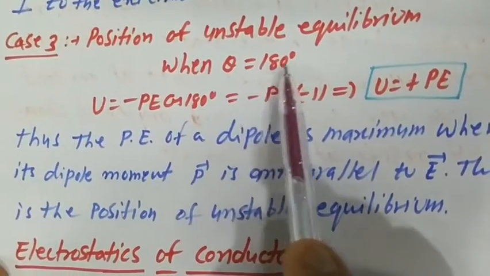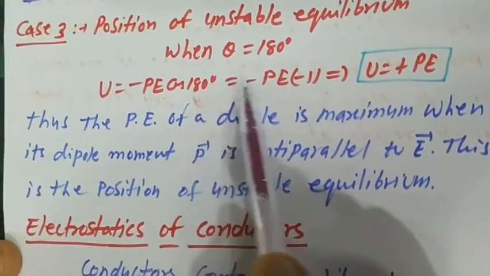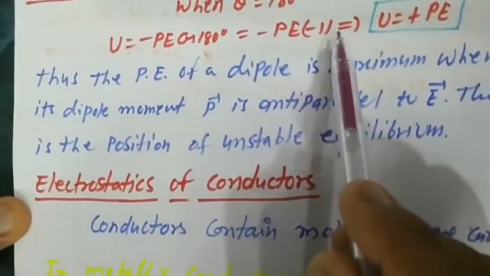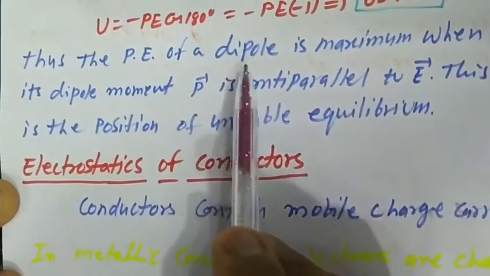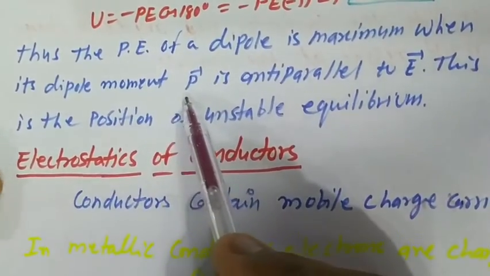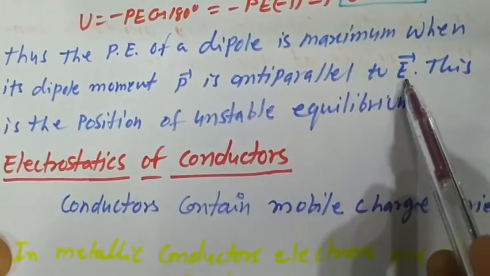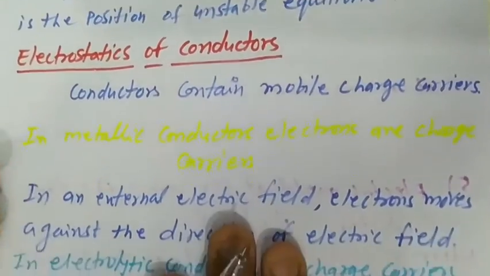When theta equal to 180 degree, and we know that cos 180 equal to minus 1, so minus PE times minus 1, U equal to plus PE. Thus the potential energy of a dipole is maximum when its dipole moment P is anti-parallel to E. This is the position of unstable equilibrium.